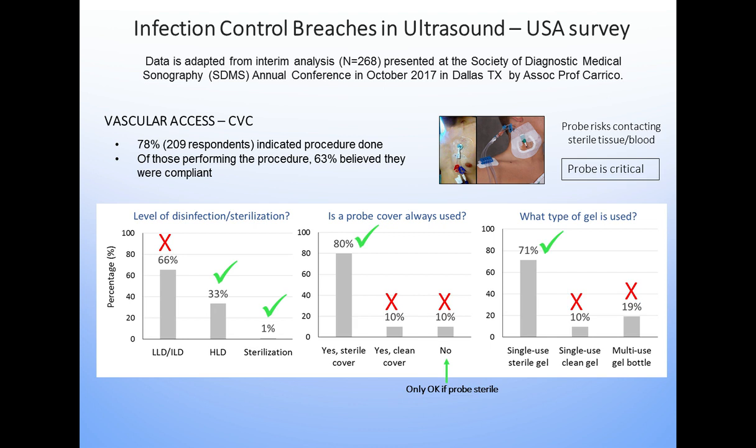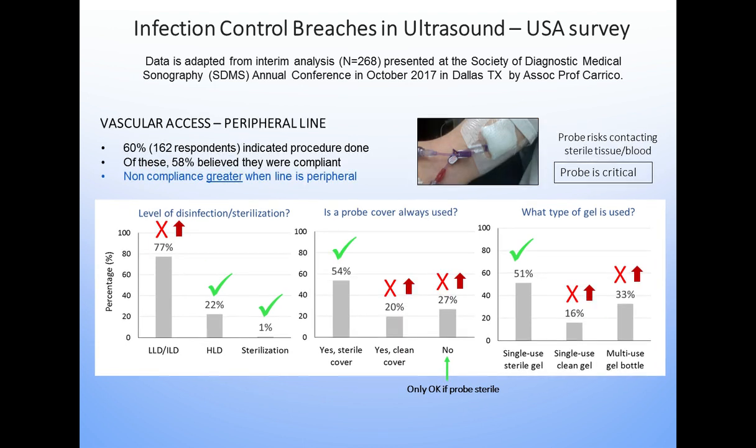The majority of people did not perform high-level disinfection or sterilization. Most did use a probe cover, and often that was sterile, but there's a significant number of times it was not. And then, again, 70% used sterile gel, but that leaves 29% using non-sterile gel. And I think the thought of a needle going into someone's vascular system through non-sterile gel is very concerning from an infection control perspective.